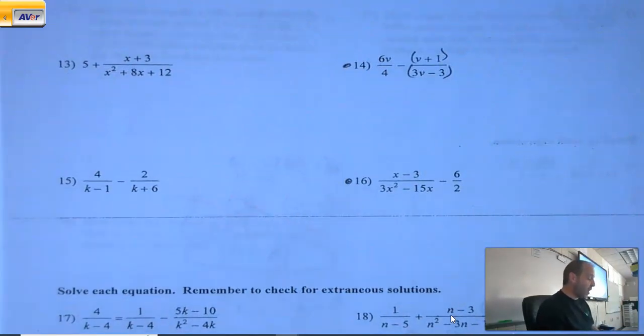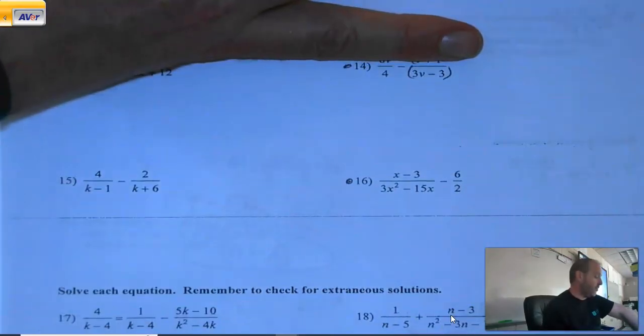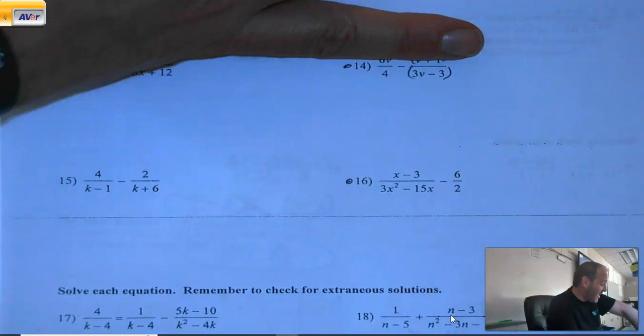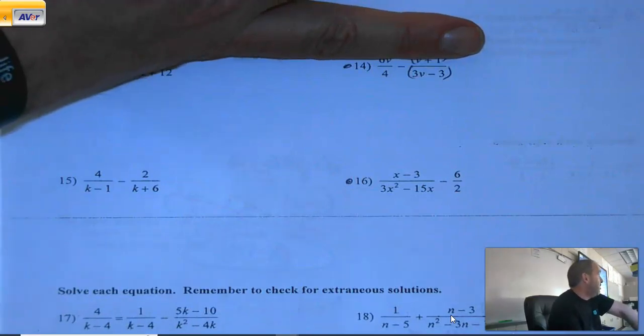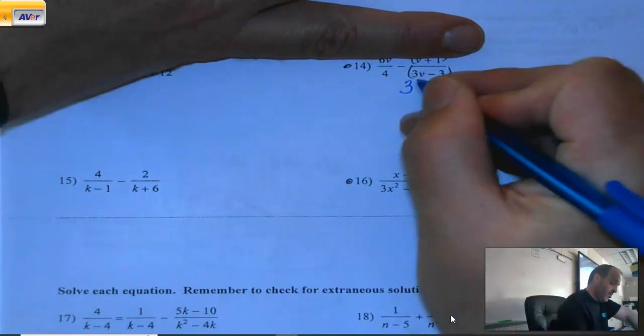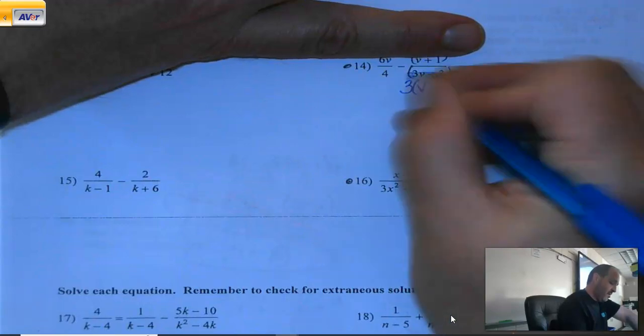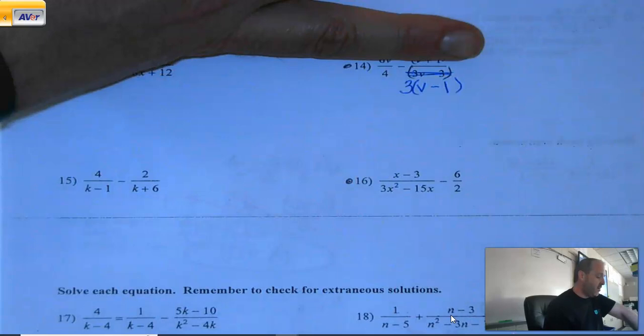When we're adding or subtracting, first job, we're dealing with the denominator only. If anything is factorable, that needs to get taken care of now. Take 3 out of each of those. Divide by 3. Old goes away.